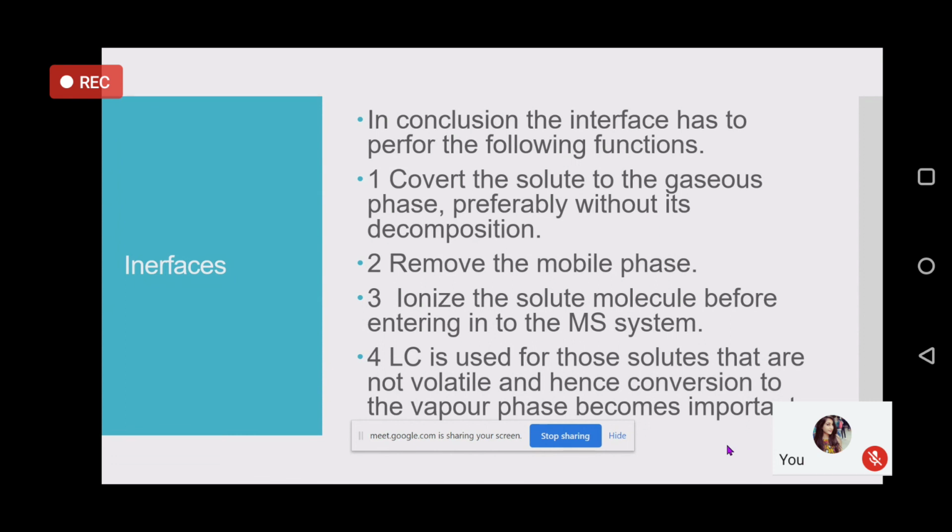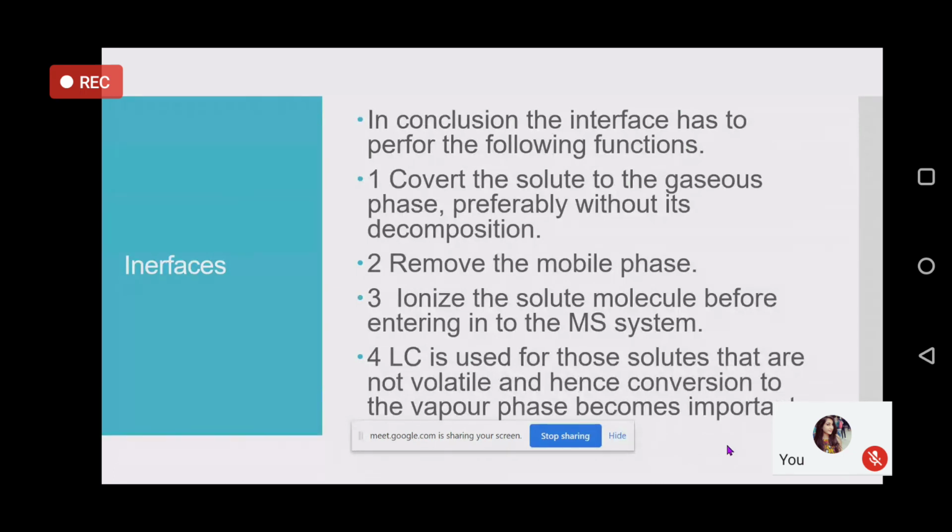I will give a simple example to illustrate the point. If it is a volatile compound, you pass the eluent that is coming out through a heated capillary. The volatile component will get vaporized. If you pass the same system through the heated capillary, the non-volatile component will not get vaporized, but the solvent will.